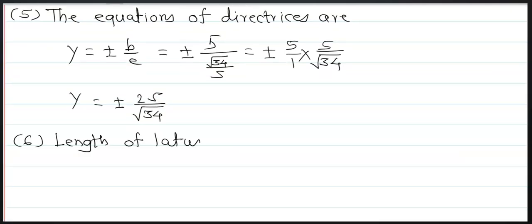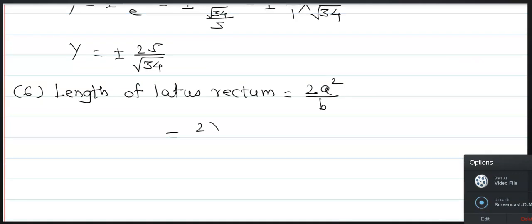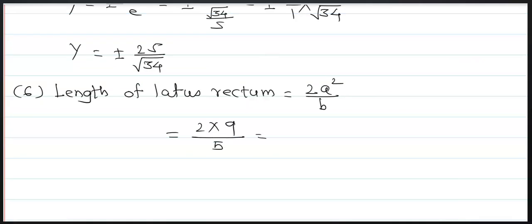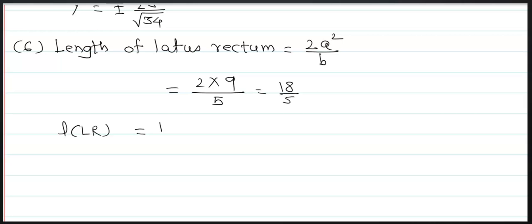Length of latus rectum, that is 2a square upon b, 2 into 9 upon 5, that is 18 upon 5, that is LR is equal to 18 upon 5.